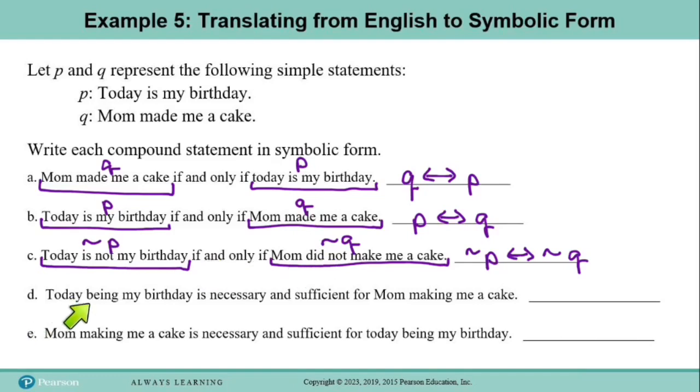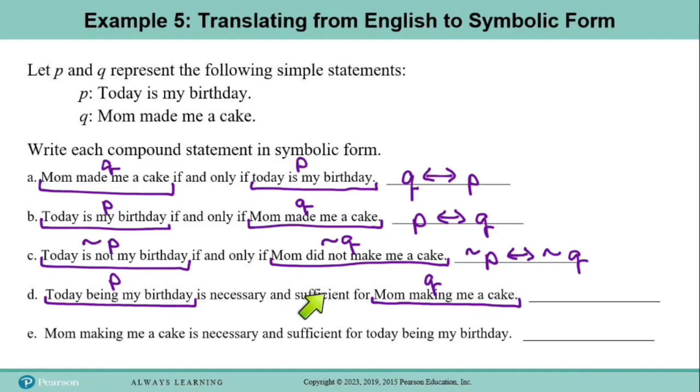Part D, today being my birthday is necessary and sufficient for Mom making me a cake. So today being my birthday, that's from statement P, and Mom making me a cake, that's from statement Q. Remember, necessary and sufficient means the same thing as if and only if.